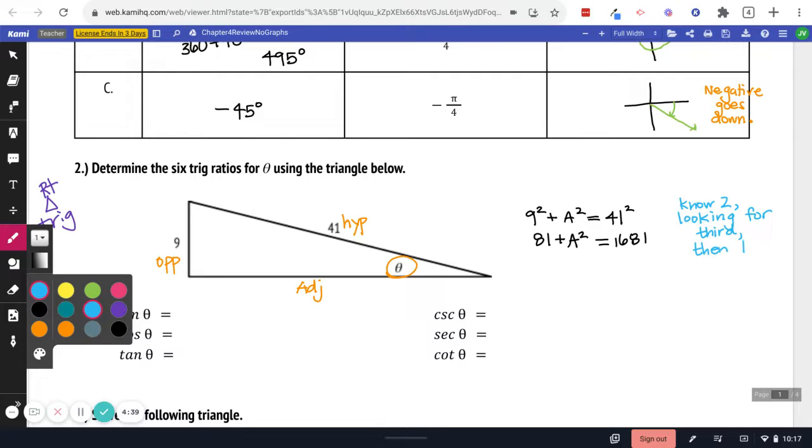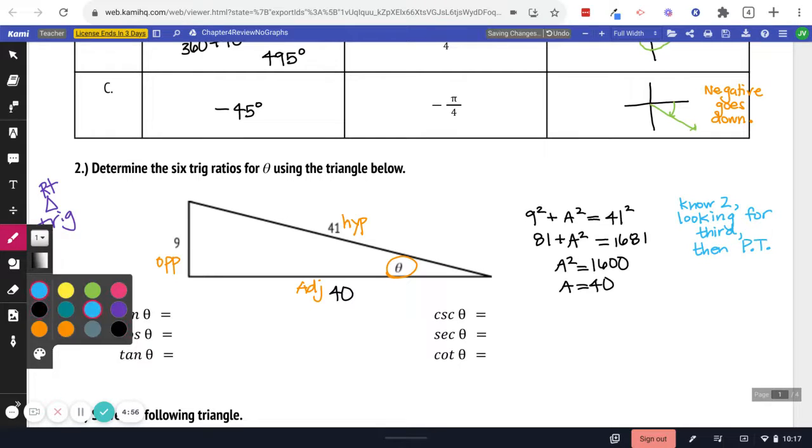If I know 1, like we're going to see shortly, that's going to change things a little bit. But in this particular problem, we are going to just do Pythagorean theorem. a squared is going to be 1600. a is going to be 40. So I'll put a little 40 right here.